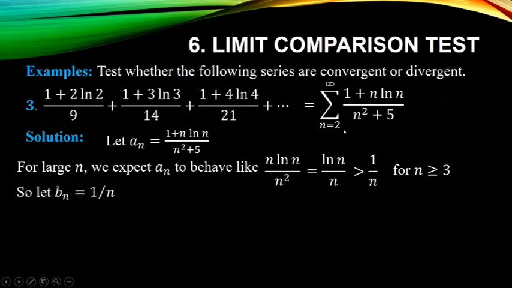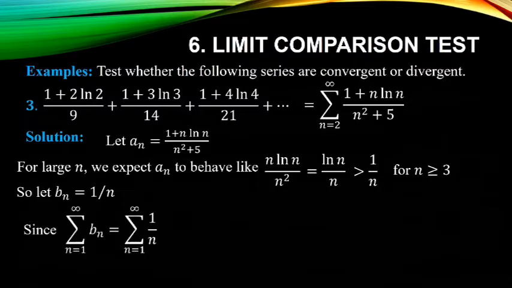So let b sub n be equal to 1 over n. Since the summation of b sub n is the harmonic series, it diverges.